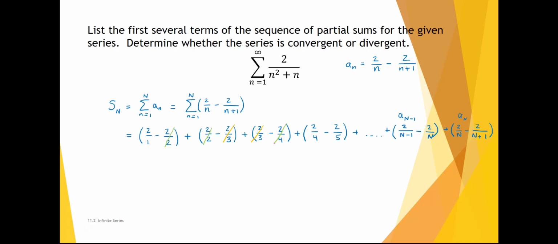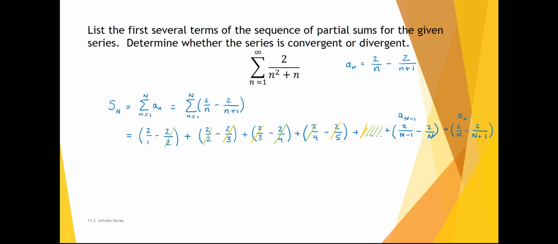The negative 2 divided by 4 and the positive 2 divided by 4 cancel. Negative 2 divided by 5 will cancel with a positive 2 divided by 5 that's somewhere in this middle part that I haven't written down. We'll have a whole bunch of terms in the middle that cancel one another out.